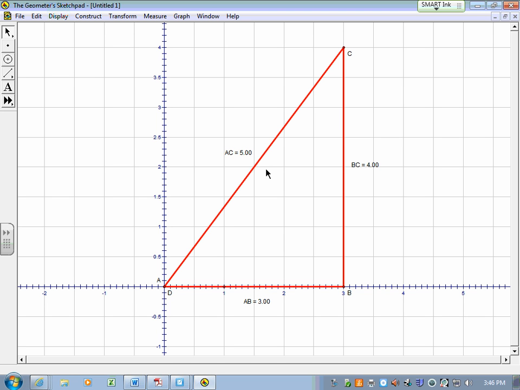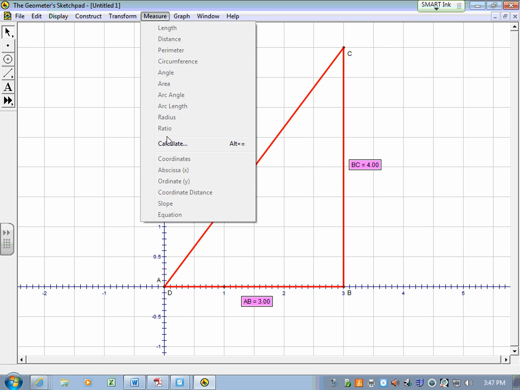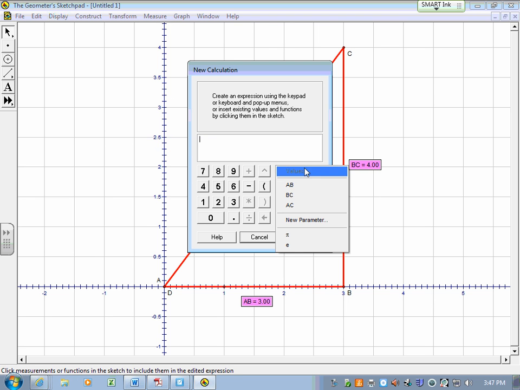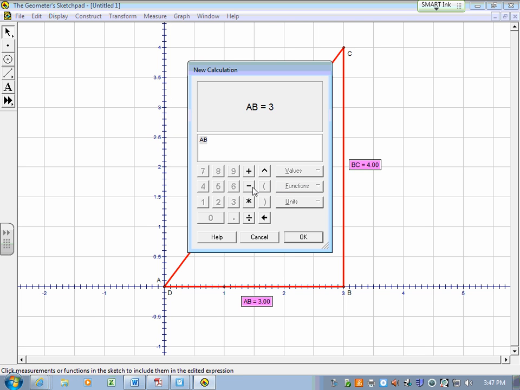What is it that is true about those guys? And so we have the thought, and the thought is, I'm not looking at comparing 3 and 4 and 5. I'm looking to compare their squares. I want to take this guy and square it, and I want to take this guy and square it.